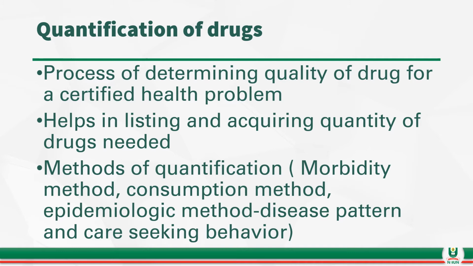You study the epidemiologic pattern of diseases in that locality in terms of age, sex, and all that, and that will help you to quantify your medications. So quantification methods are involved when you use morbidity, consumption, and epidemiologic methods.